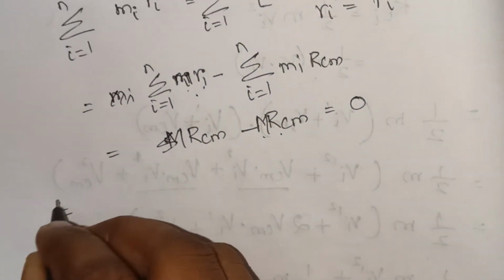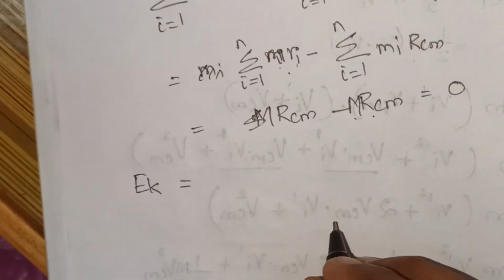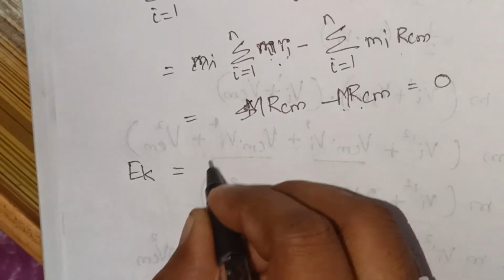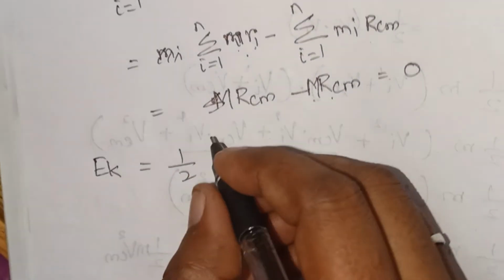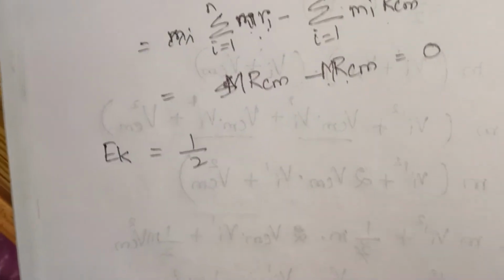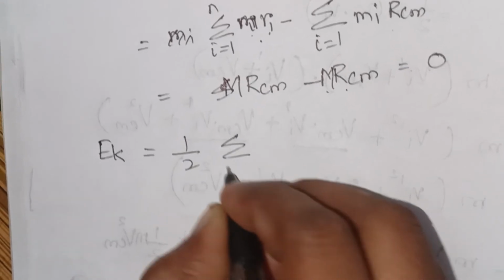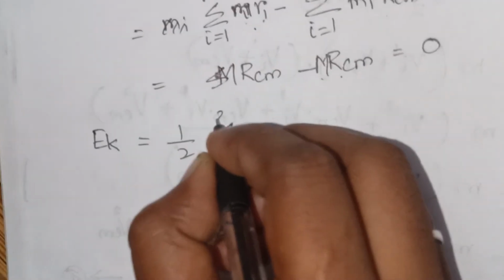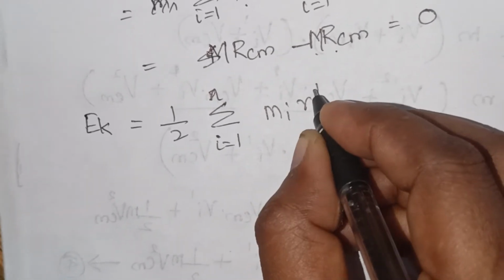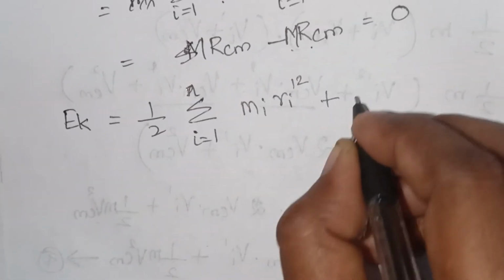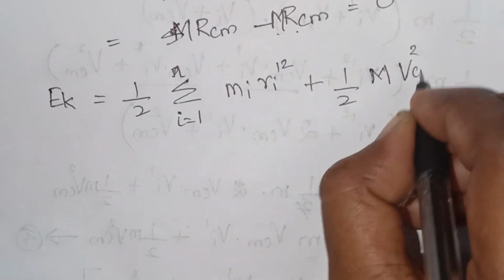Now what is the kinetic energy of the whole system? What are we going to write for the total kinetic energy of the system? That is 1/2 summation i = 1 to n mi ri' squared plus 1/2 M v squared cm.